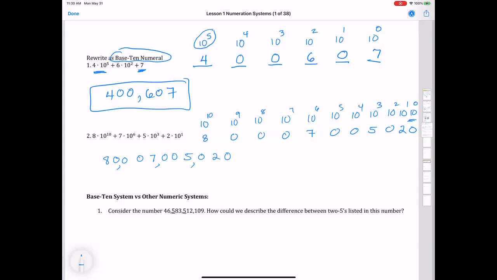So now we need to put commas to indicate the chunks of place values. So how do you read this number? So this is 80 billion, 7 million, 5,020.